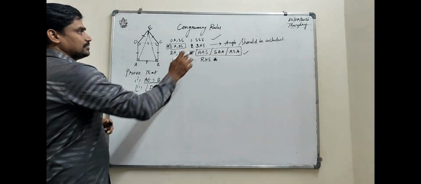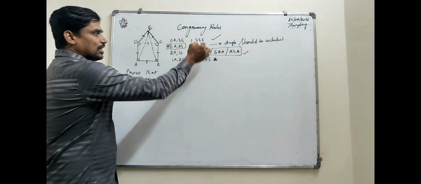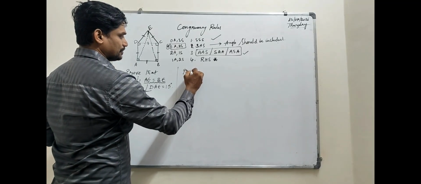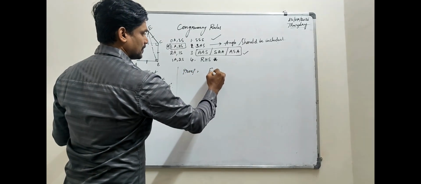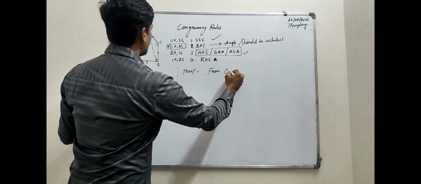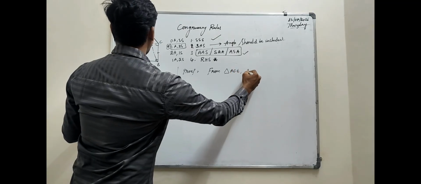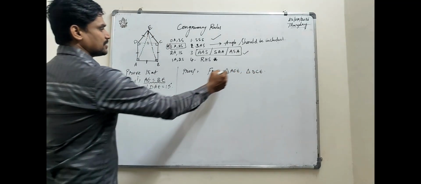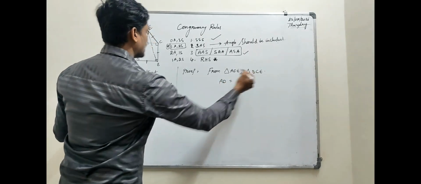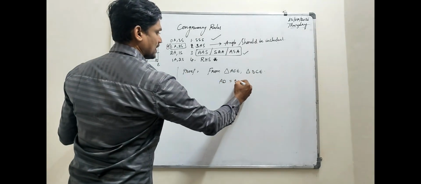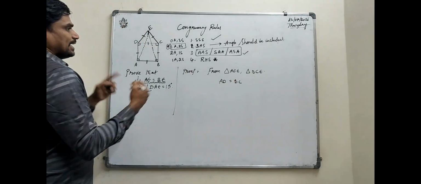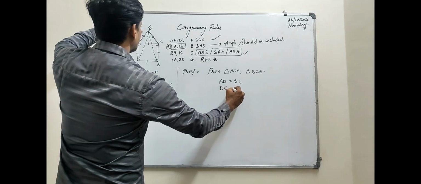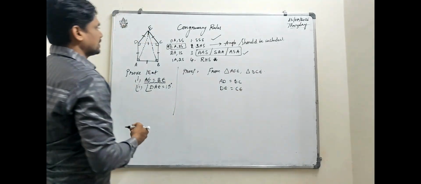Understood? So now, out of all these four, from the triangle proof, from triangle ADE and triangle BCE, AD is equal to BC, and in this triangle DE is equal to CE. Very good.